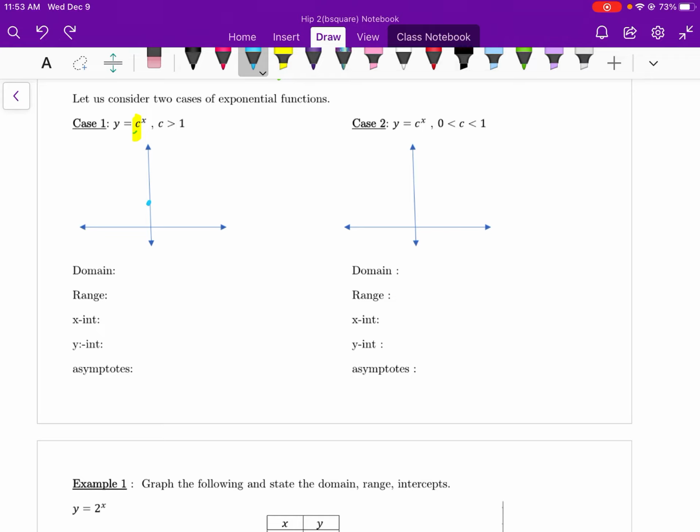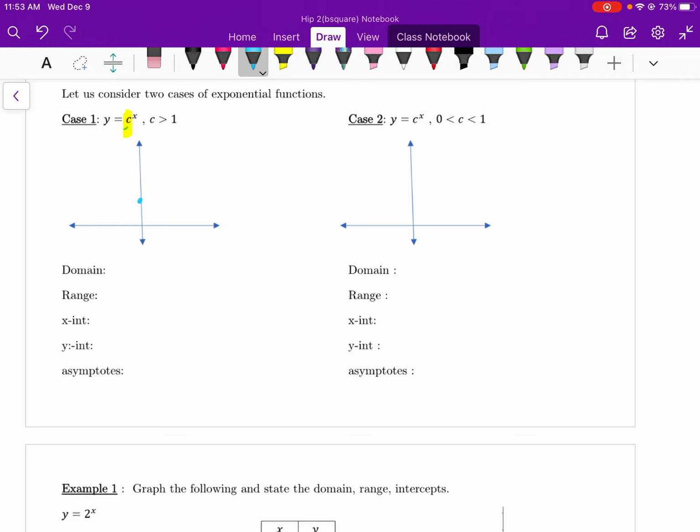What we have when c is greater than 1, exactly what our previous example was, is that the function will have the following character, will look the following way. It'll have characteristics like we have an asymptote here at y is equal to 0. We have a y-intercept of 1.